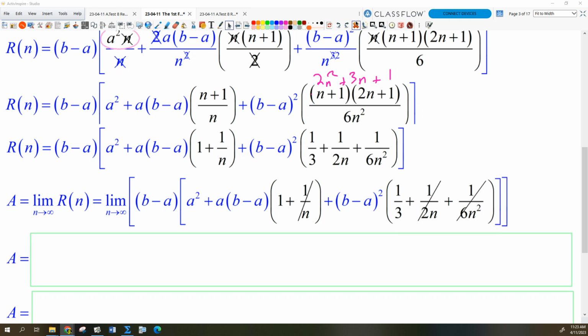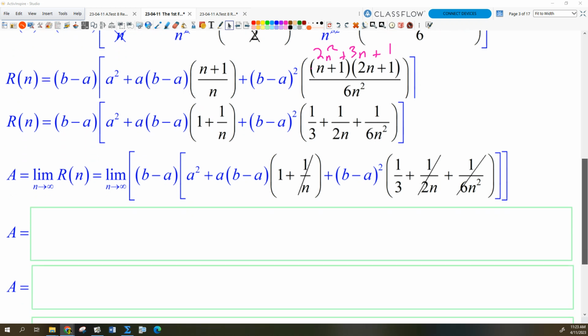So the actual area, the true area, is equal to the limit of the right sum as the number of rectangles goes to infinity. And in that case, every term where I have an n on the bottom is going to get driven to 0 in my limit, right? And so who are the survivors? Just everybody else.